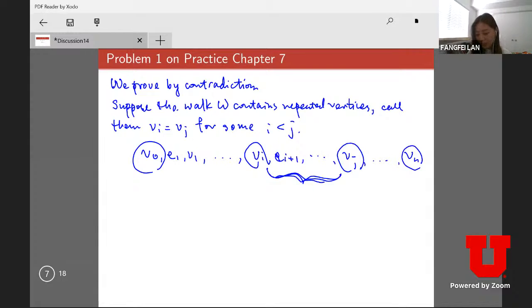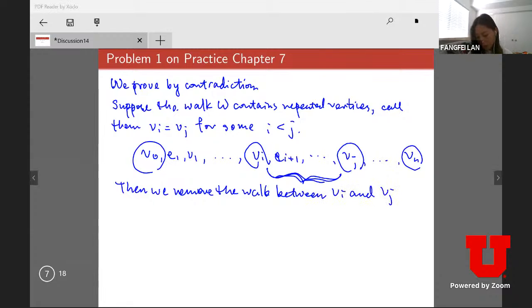We don't really, right? So we can take this out. So we're going to remove the walk between Vi and Vj. The only thing we need to do is keep Vi. So we keep that vertex.